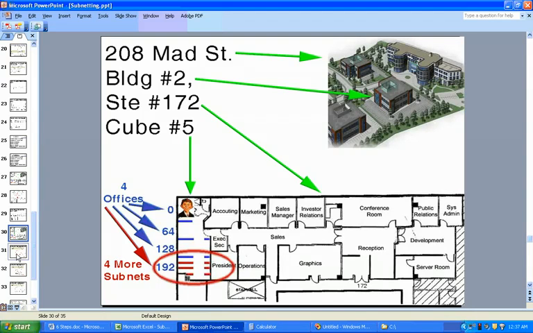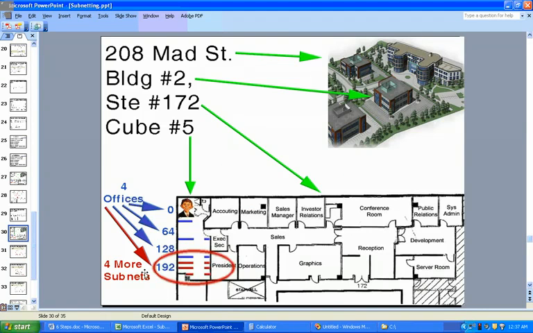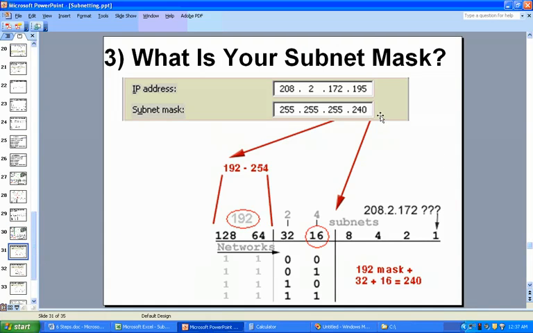What's your mask? Well, I put the slide there to remind you that we're working on just 192. We're not going to worry about 0, 64, 128. So everything we do is wrapped around subnetting this subnet that we had already created. So I might have a computer 195, and my mask would change from 192 to 240.